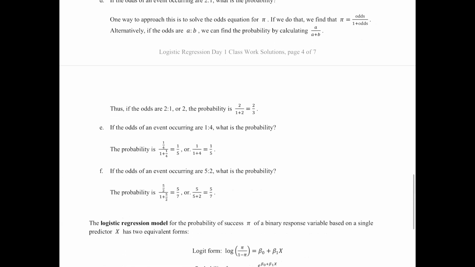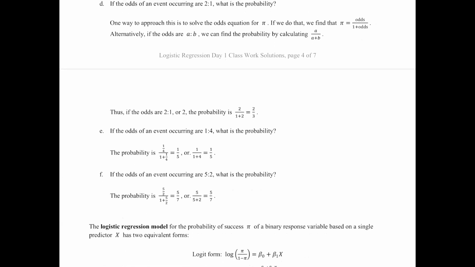Then for parts D, E, and F, I gave you odds and asked you to compute the probability. One way is if you take that original odds equals pi over 1 minus pi and solve that for pi, which you might want to do on a separate sheet of paper, just a little algebra exercise, then you should find that pi is equal to the odds over 1 plus the odds.